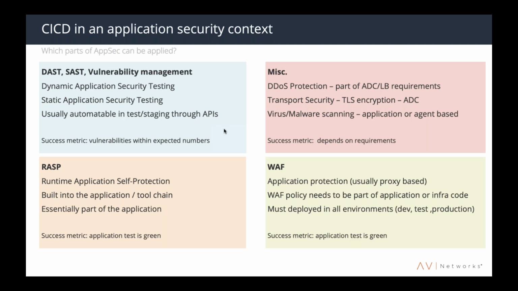A WAF in that case should be deployed in all the environments, so in dev, test, and production, just to make sure that the earliest possible situation where you may run into false positives or any issues with a WAF not working well with your application traffic, you find it early and can fix it early. A very easy success metric here is the application test is green while you deploy a new version of the application.